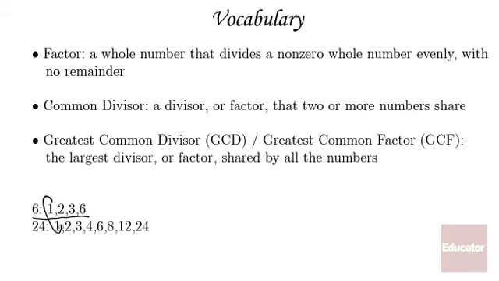So here we have 1 in common, 2 in common, 3 in common, and 6 in common. So those are common divisors. The greatest common divisor, also known as the greatest common factor, is the largest one shared by both. So the largest one shared by both in this case would be 6. So the GCD of 6 and 24, the GCD of the two numbers, is 6.